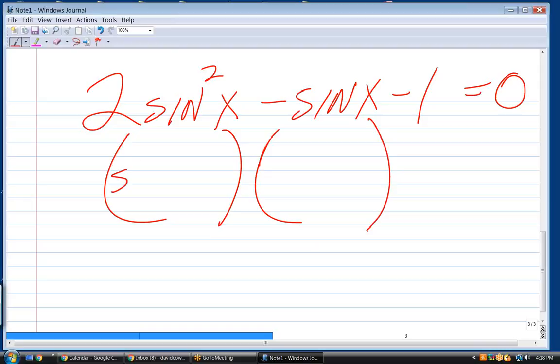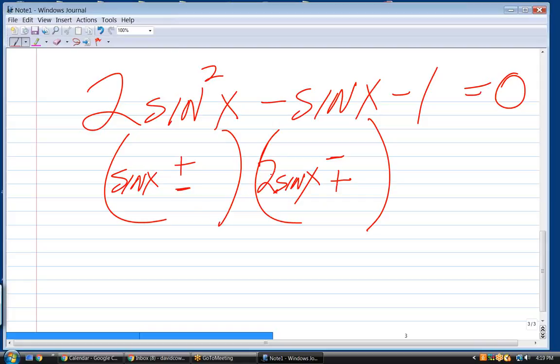So sine and sine, 2 sine, and then it would be a negative. Next step is to figure out the signs. Yeah, one's positive, one's negative. I have to handle that by doing it this way.